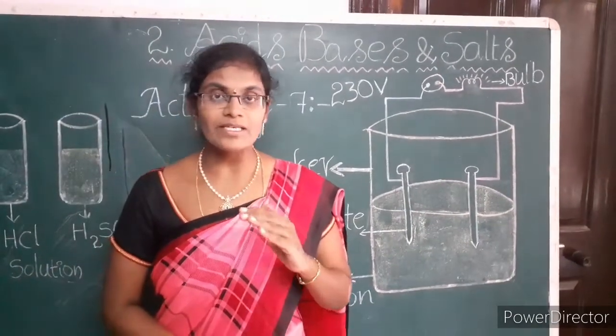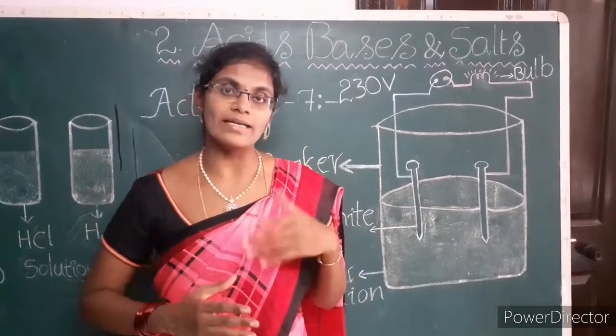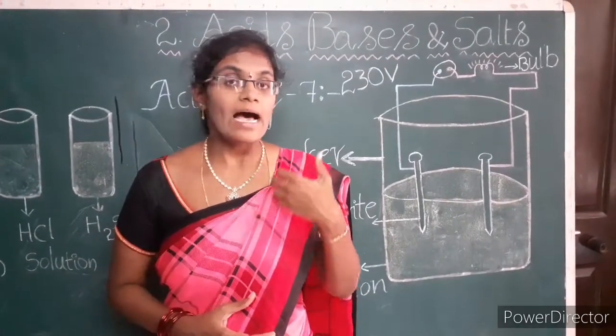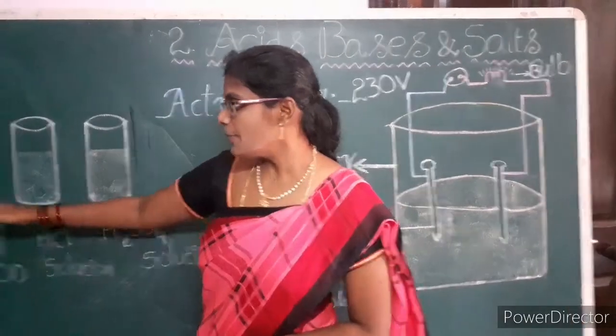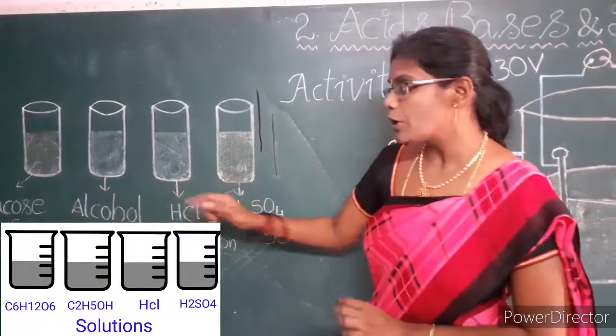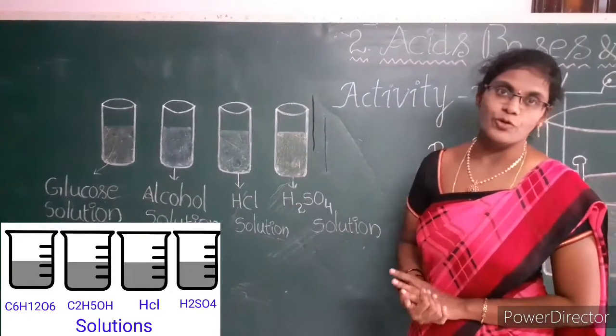Children, our next topic is Activity 7. This activity is very helpful for identifying whether all compounds containing hydrogen are acids or not. For doing this activity, first prepare the solutions of glucose, alcohol, hydrochloric acid and sulfuric acid.